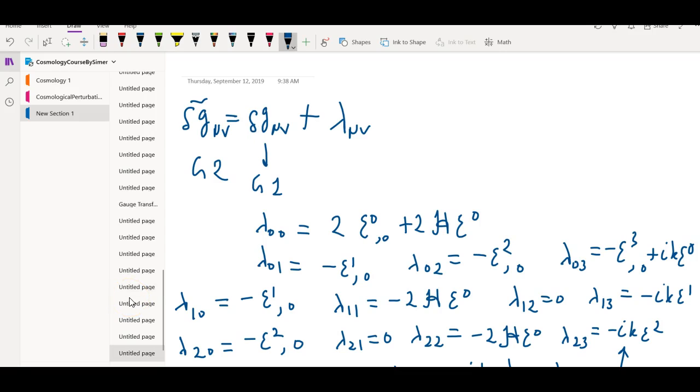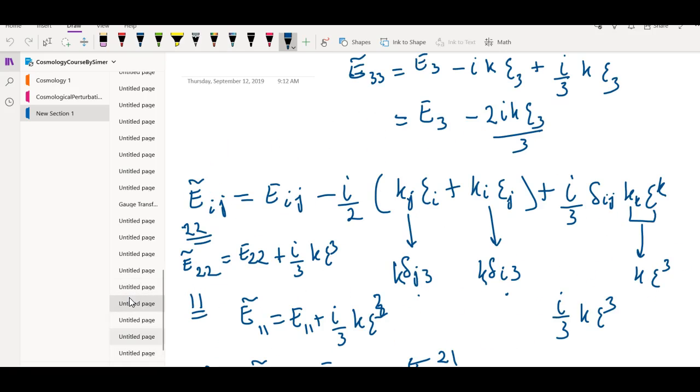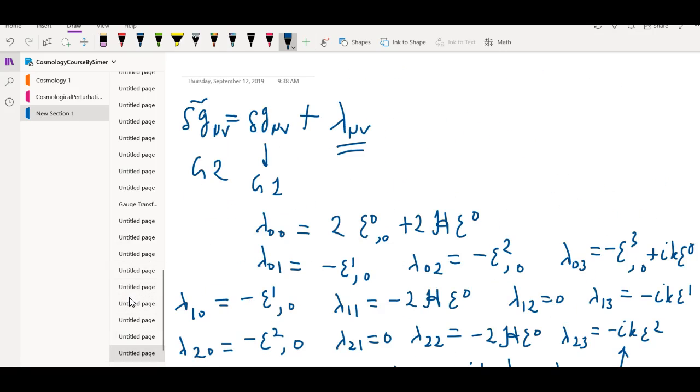Okay, so now this lambda mu nu is the transformation, the components which we just calculated. When we collect all these components and write this matrix lambda mu nu, the components can be written like this. This is a calculation which I have done offline.